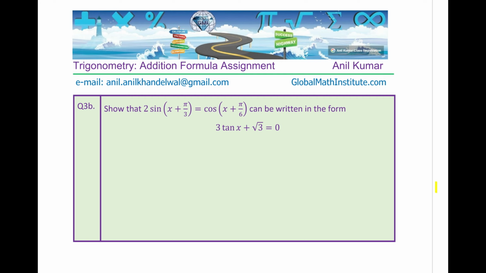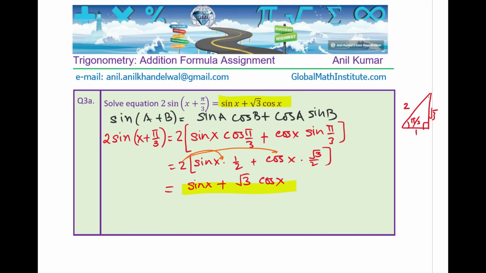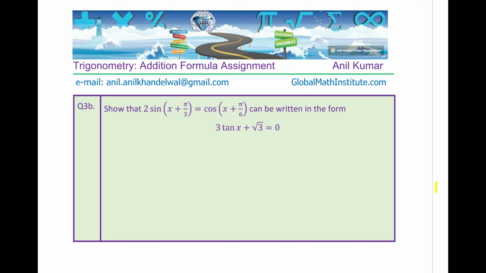We just showed that 2 sine x plus pi by 3, as done in part A, is sine x plus square root 3 cos x, right? So we can write this as sine x plus square root 3 cos x. How? We can do the same thing as we did last time for the left hand side, for the right. Cos A plus B formula, right?